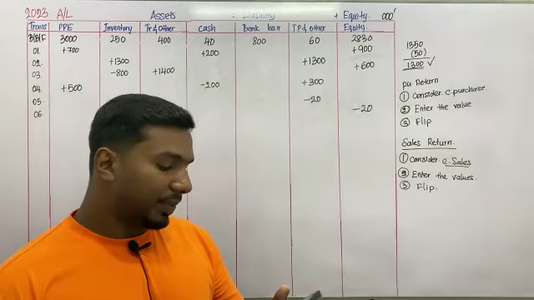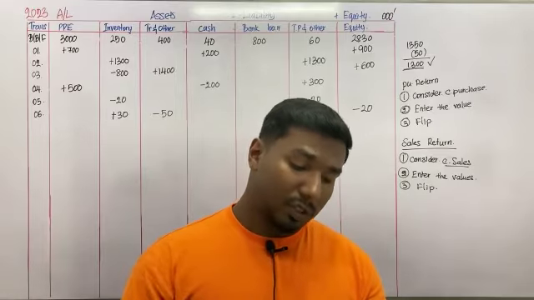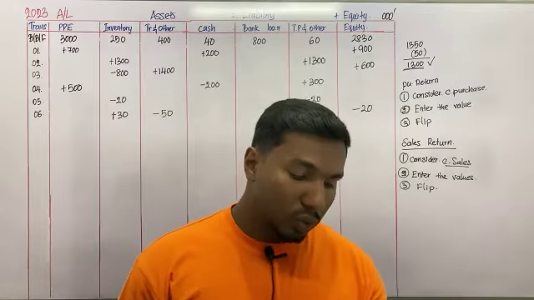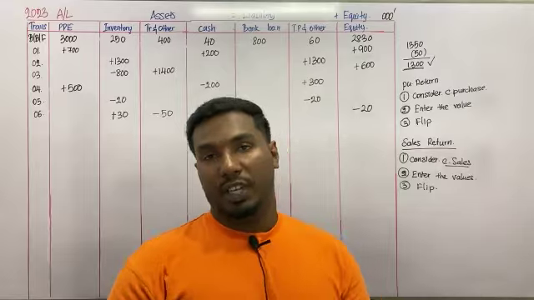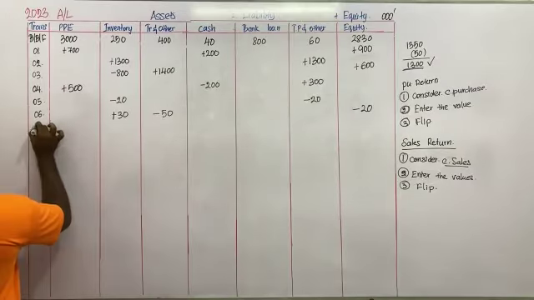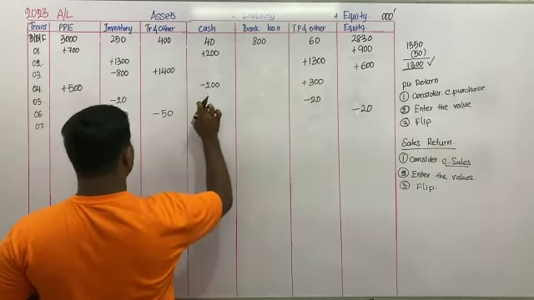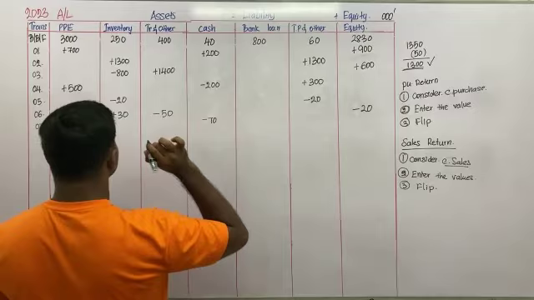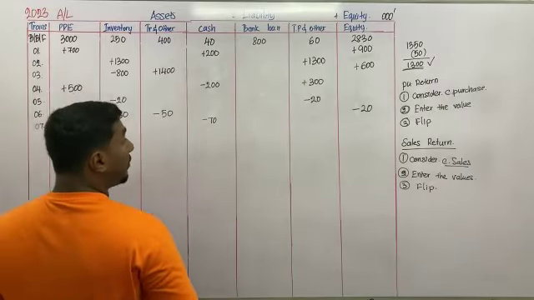Transaction number 7, paid the monthly loan installment of 70,000 to the bank, and the installment includes interest of 15,000. So 70,000 paid to the bank. And with that 70,000, 15,000 was interest.